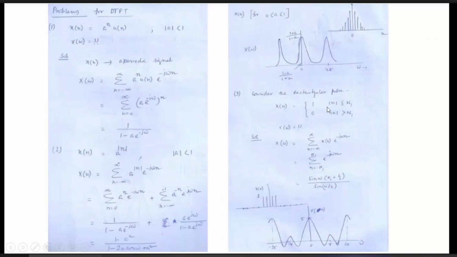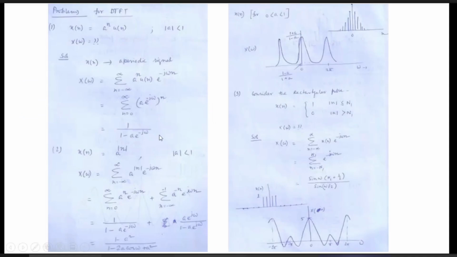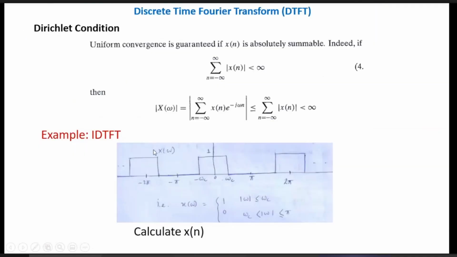That was the discrete time Fourier transform, and its definition was the sum from minus infinity to infinity of x of n e to the power minus j omega n. That is the discrete time Fourier transform.